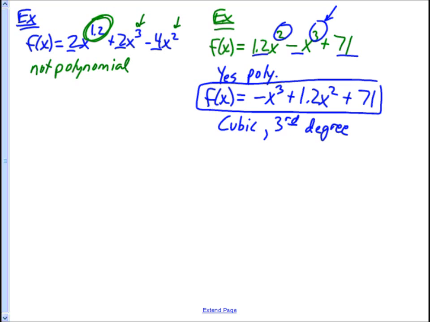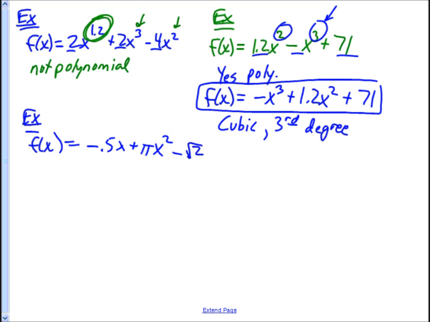Let me do one more here. How about f of x equals negative 0.5x plus pi x squared minus root 2. Is this one a polynomial?